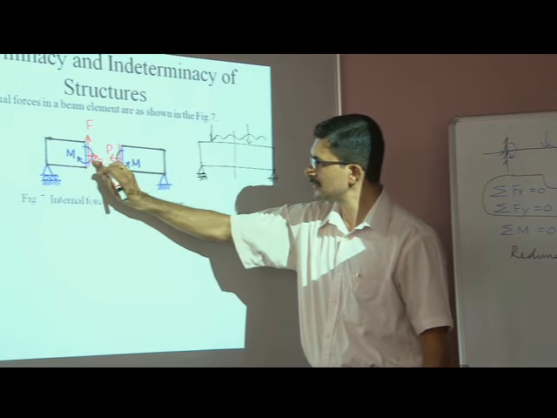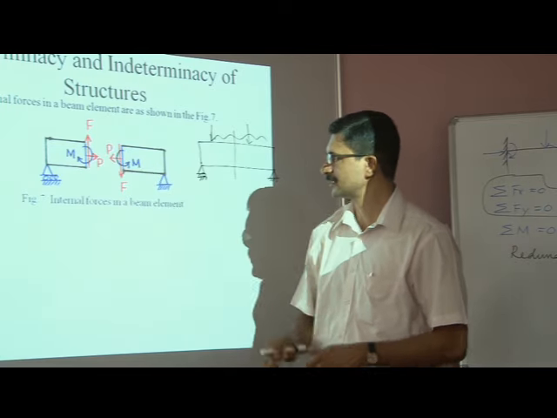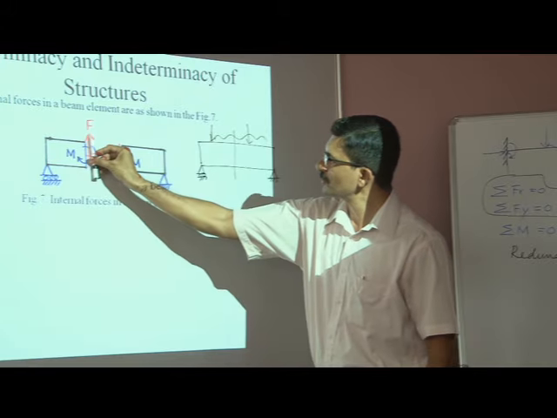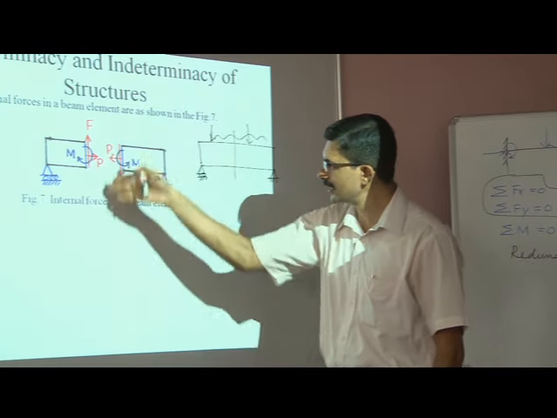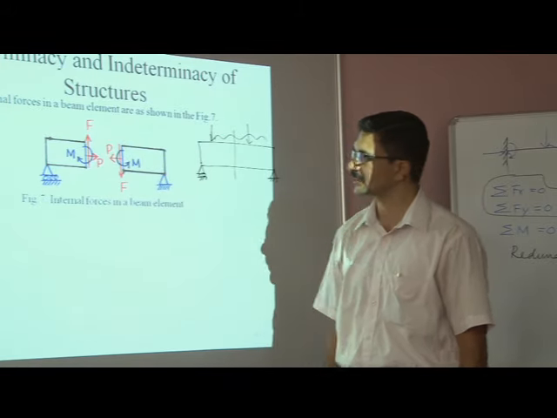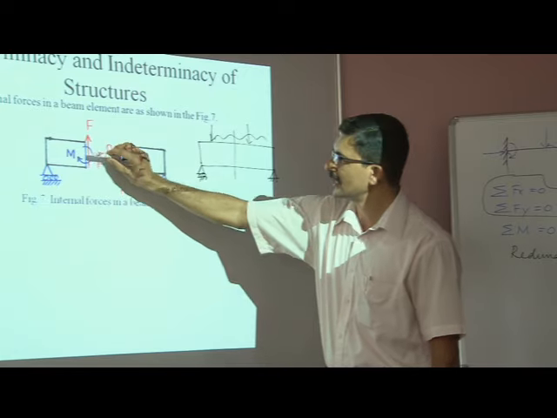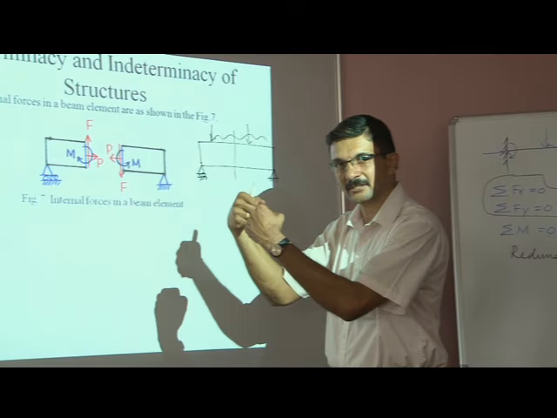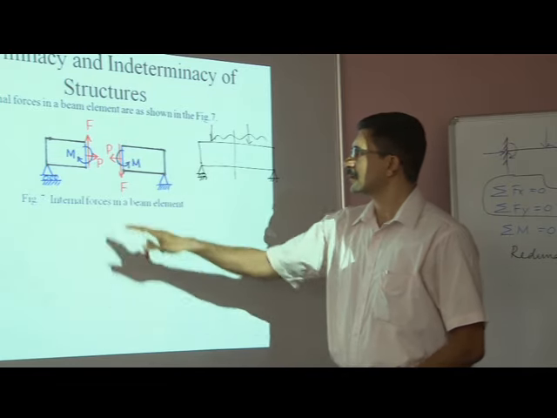So this moment is supposed to bend the beam at that cross section. This force F, shear force, is trying to shear or break the beam at that cross section. This is the axial force, which may be axially compressive or tensile, right?